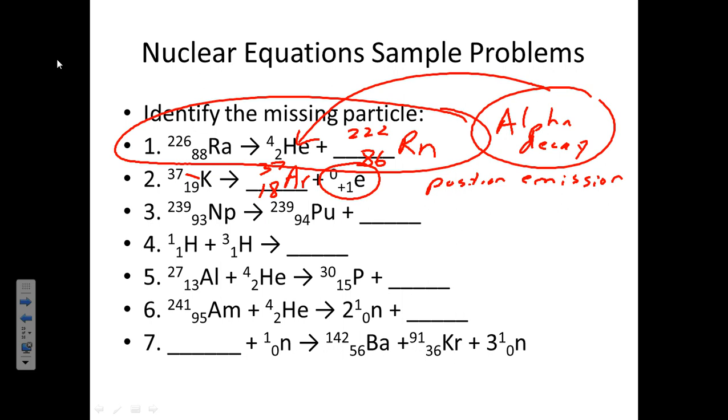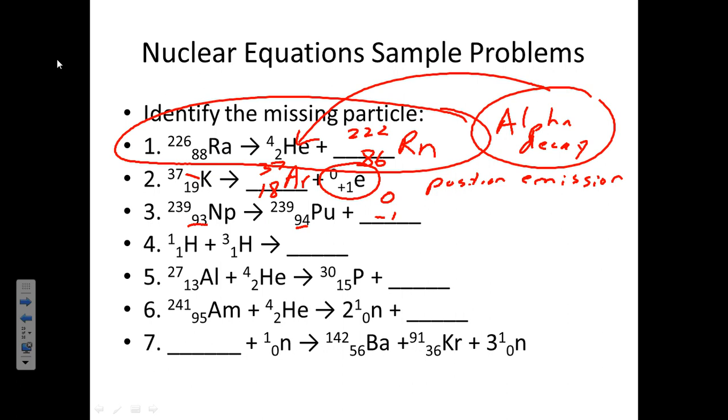Down here, we've got neptunium-239. It's decaying into plutonium-239. Notice the mass numbers are the same, which means this particle has to be 0. Notice this is 93 and this is 94, which means that has to be -1.